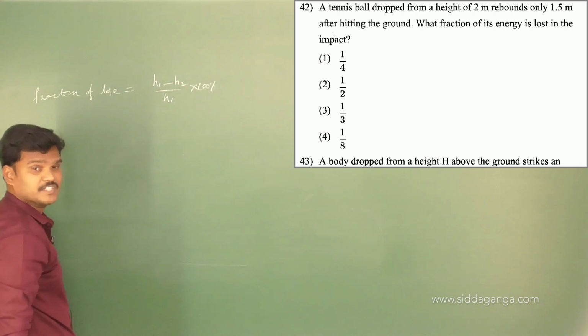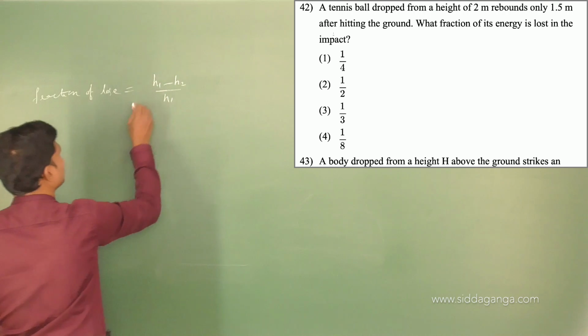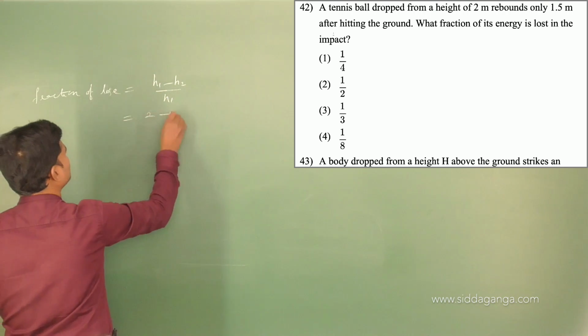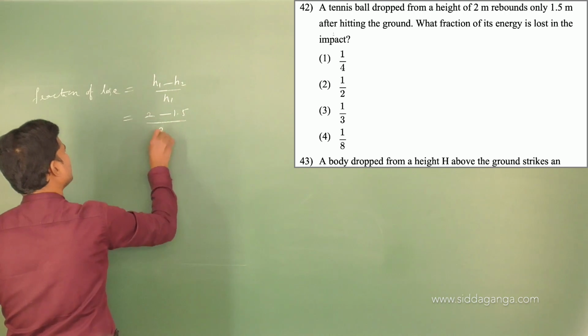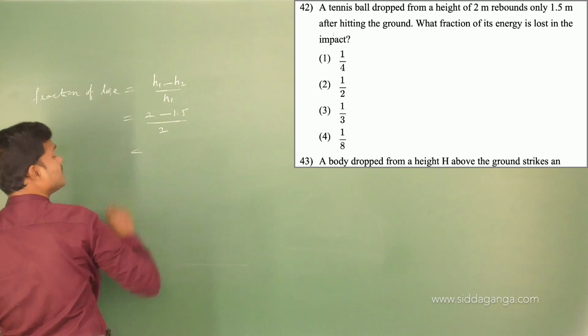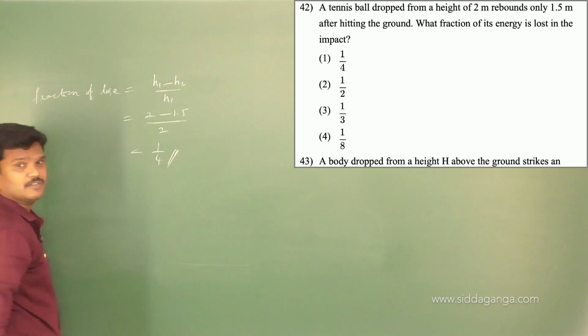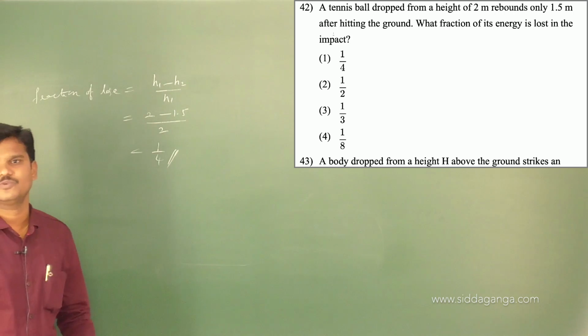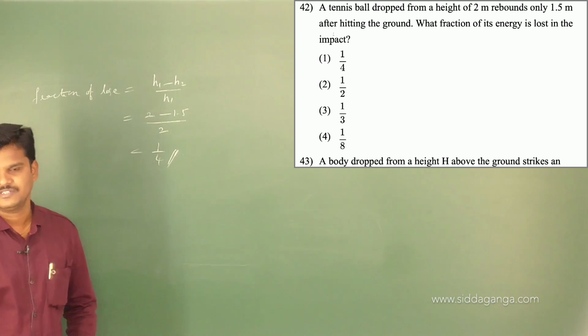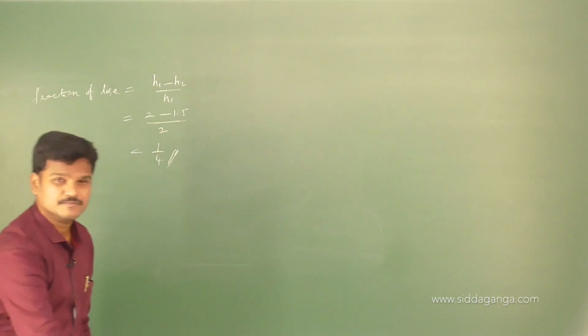If options are in percentages, you can use 100%. Otherwise, what is h1? 2. 1.5 by 2. 2 minus 1.5, 0.5 by 2. So the answer is 1 by 4. Okay, so 1 by 4 is the loss of energy. Okay, see the next question.